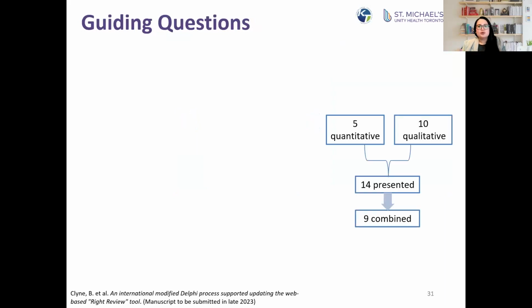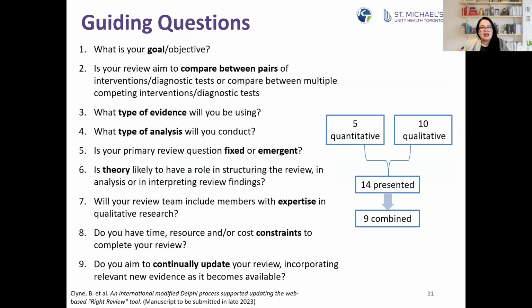So our original tool had 2 branches, which were the 5 quantitative and then the 10 qualitative questions. And so the project steering committee combined these into 14 guiding questions for presentation in the Delphi, resulting in a combined set of 9 guiding questions, which you see here on the slide. By combining the 2 branches into a single set of questions, this eliminates the need for the user to know whether or not they wish to do a quantitative or qualitative knowledge synthesis.